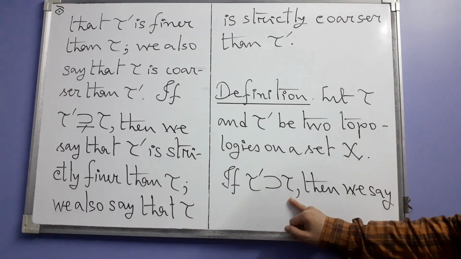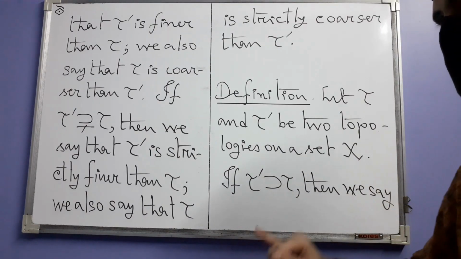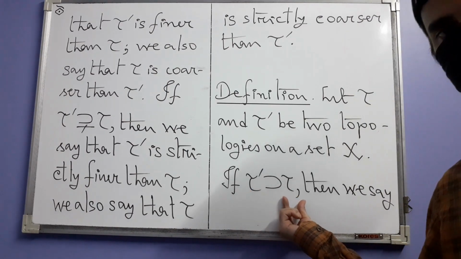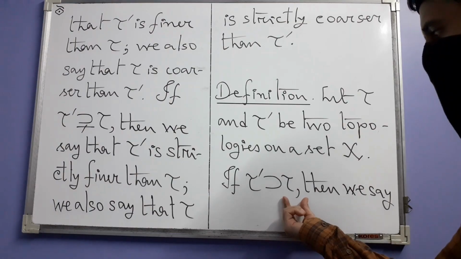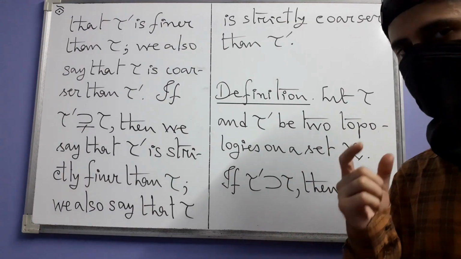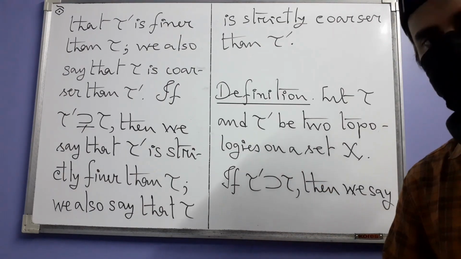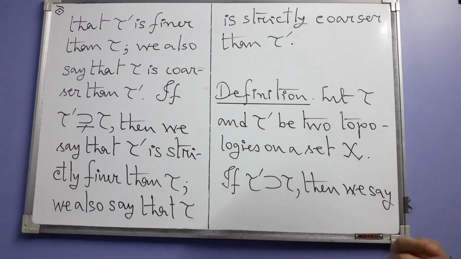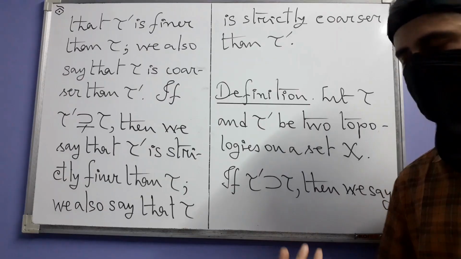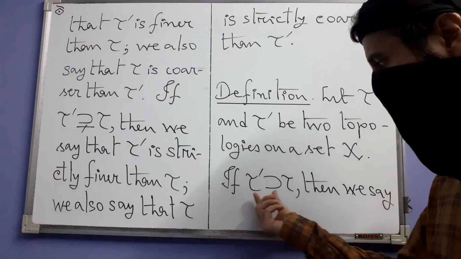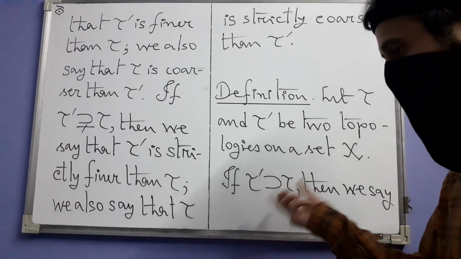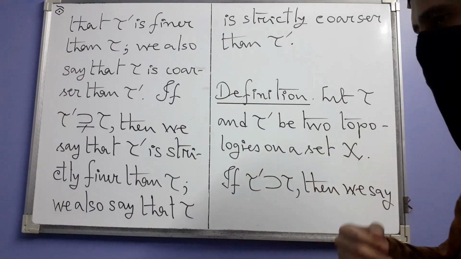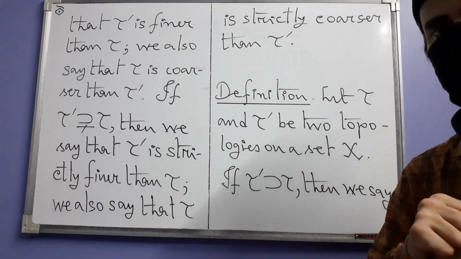In this situation, some mathematicians say that this topology is stronger than this topology, and analysts, people who work in analytic areas, like they work in say differential equations or anything analysis related, they will call the topology having more open sets stronger.